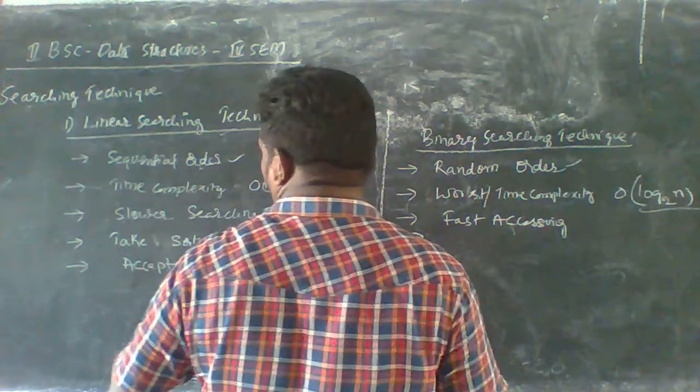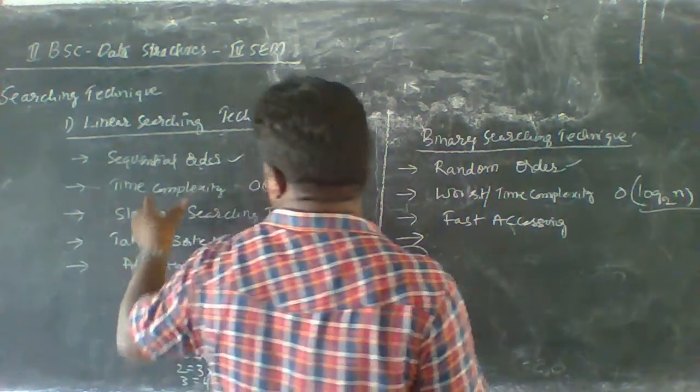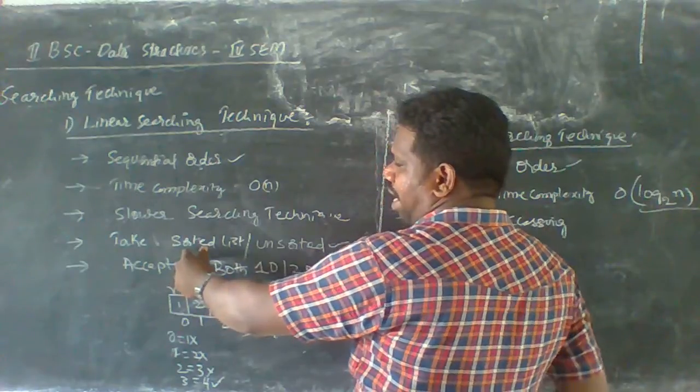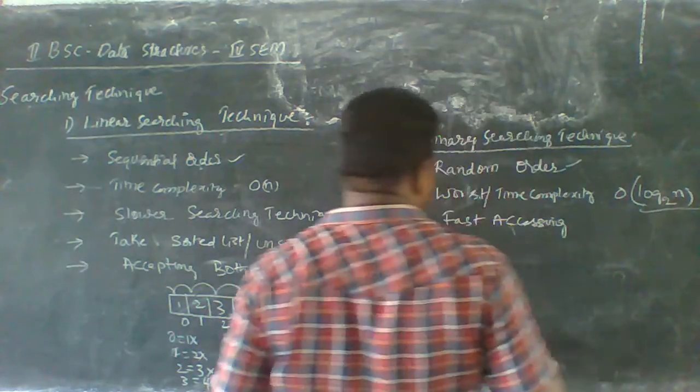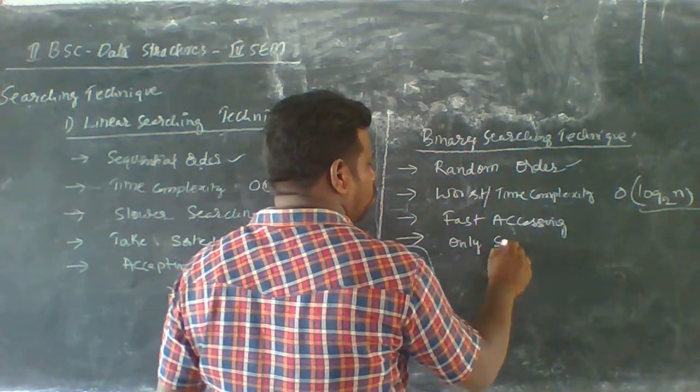Okay, and next, it takes a sorted list or unsorted list order. If you want to perform the linear searching technique, you can take the array either sorted or unsorted. But here you can take only a sorted list.